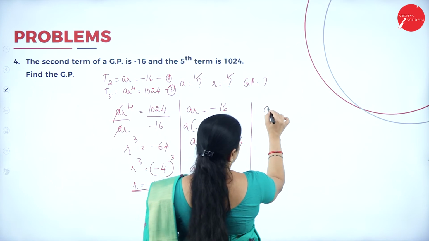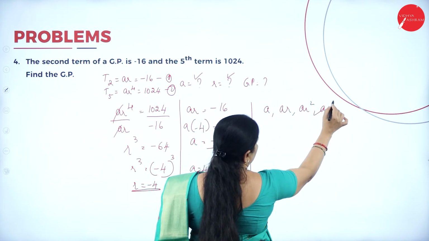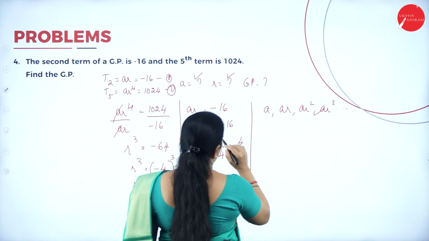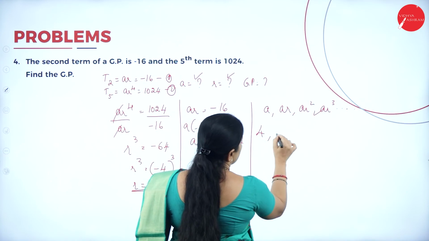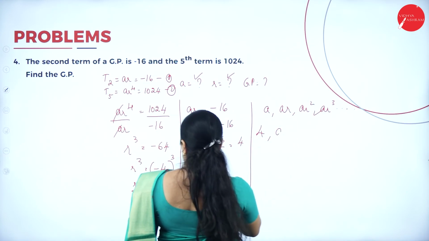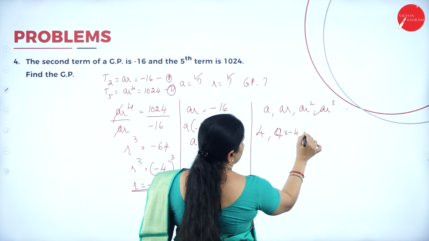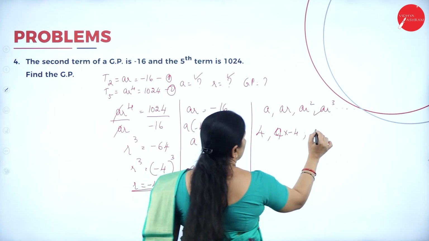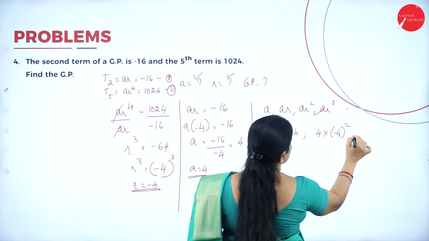So the GP will be A, AR, AR square, AR cube, and so on. Now what is A? A is 4. Now what is AR? So A into R will be 4 into minus 4. Then AR square will be 4 into minus 4 the whole square.